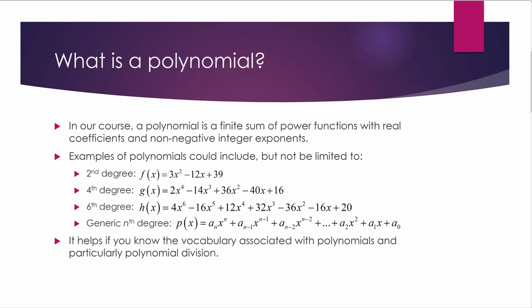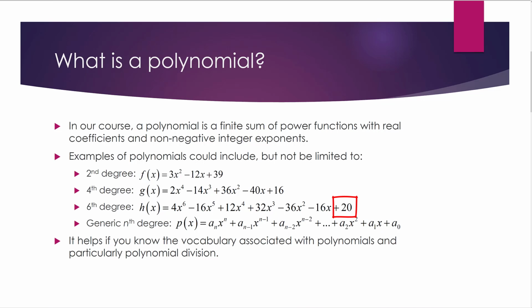Now, the numbers that you see written next to the variable expressions are the coefficients. Looking at h of x, the leading coefficient would be 4, because that's the number attached to the dominant term, x to the sixth power. The coefficient of the x to the fifth term would be negative 16, and the coefficient of the x to the fourth term would be positive 12, and so on. The only other term that has its own designation is the last term of the polynomial.